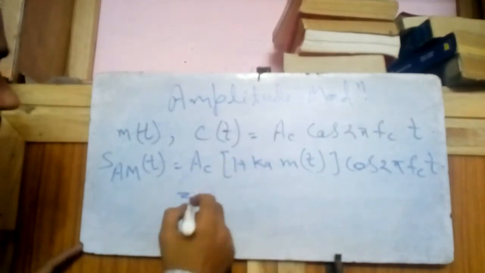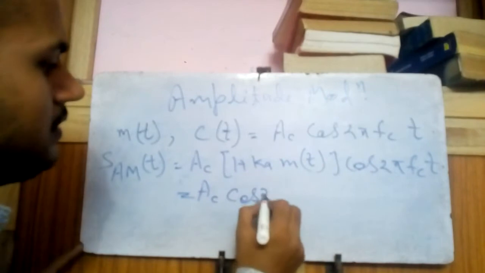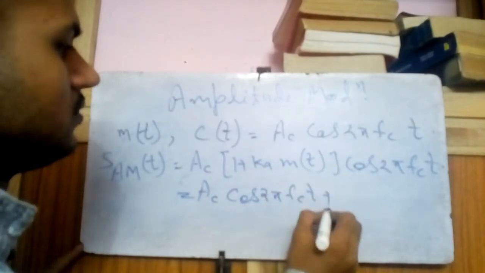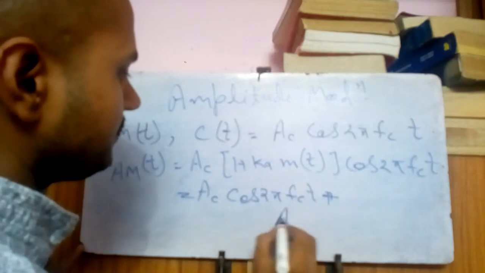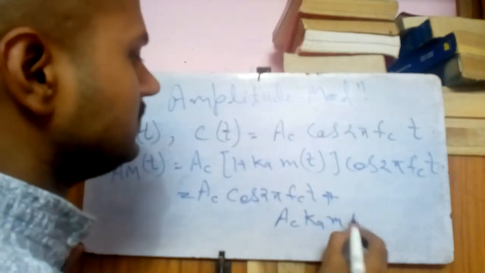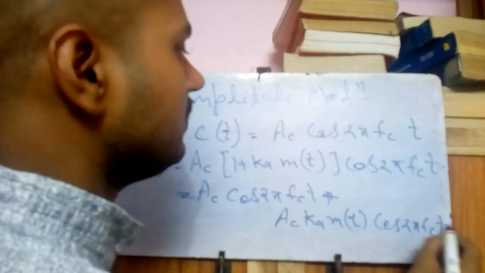So if we break it and simplify again, it is Ac cos 2πfct plus Ac Ka m(t) cos 2πfct.